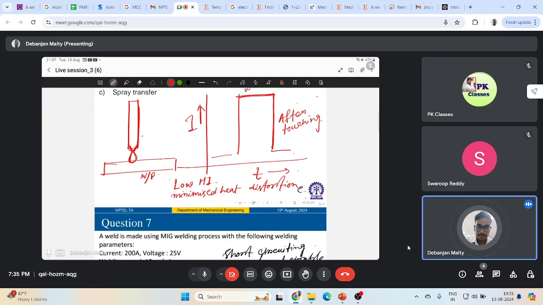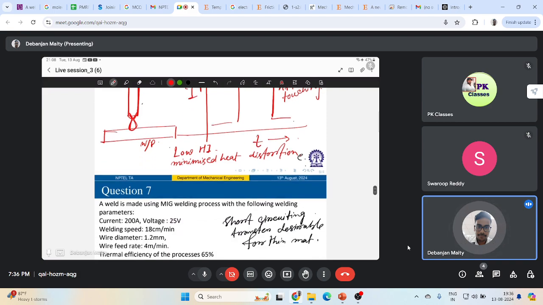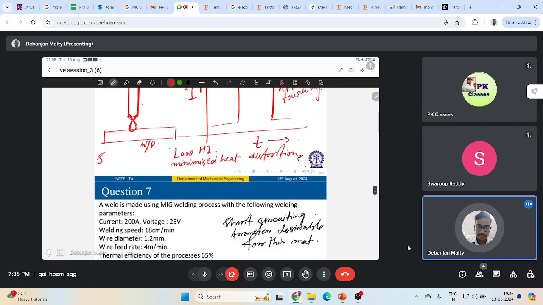So the machine should be equipped with a good amount of advanced control system for wire feeding and heat management, right? That should be there. Also, the advantage is this is stator free, so the spatter will be reduced for CMP welding.